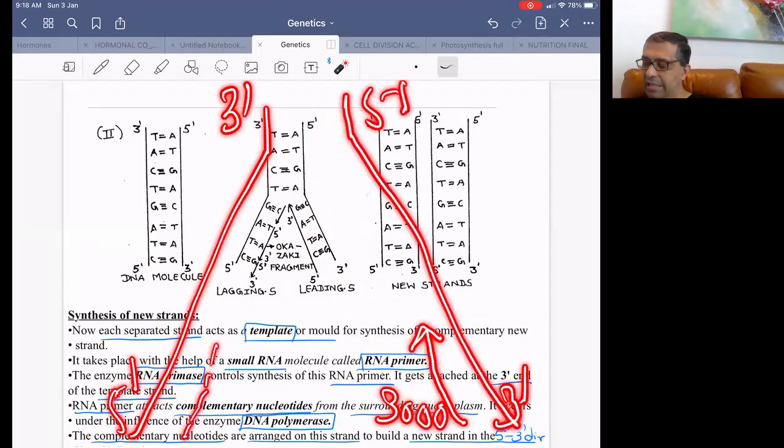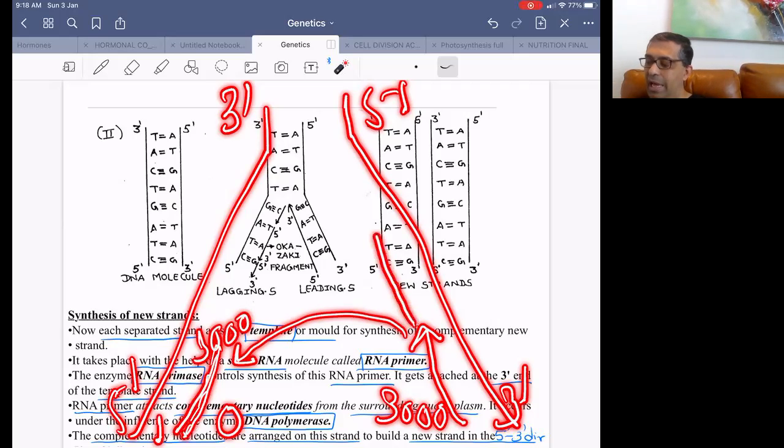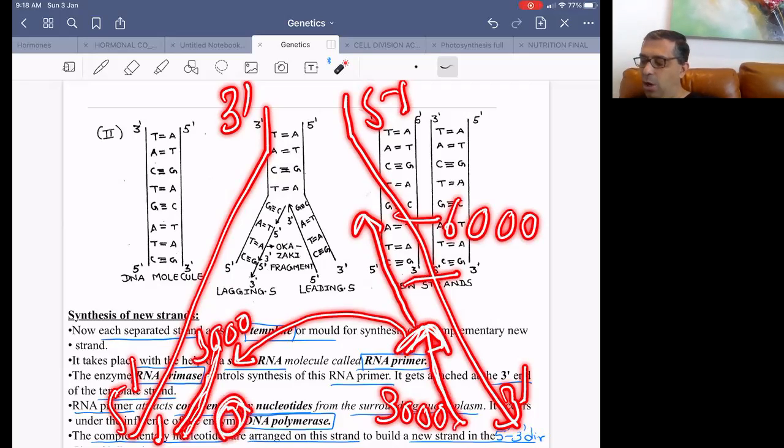Here 0. Now some of the DNA polymerase takes a U-turn and supplies new nucleotides from 3000 to 1. But at the same time, this is 3000 to 6000. So when it was 3000, how much was here? 0. Now what has happened simultaneously?